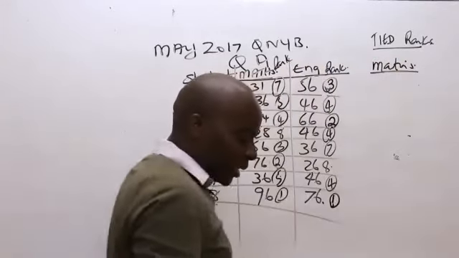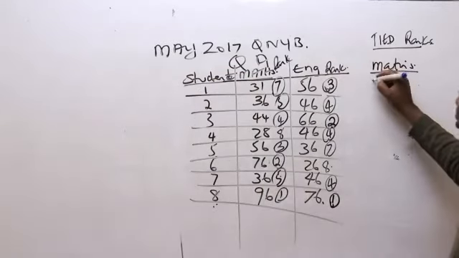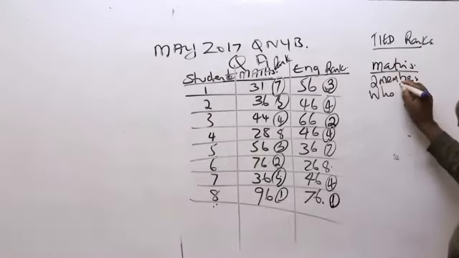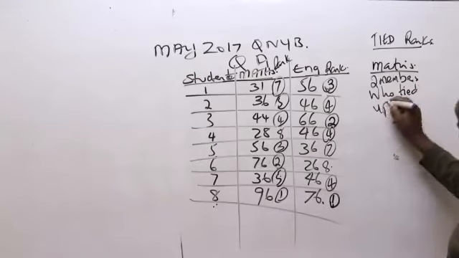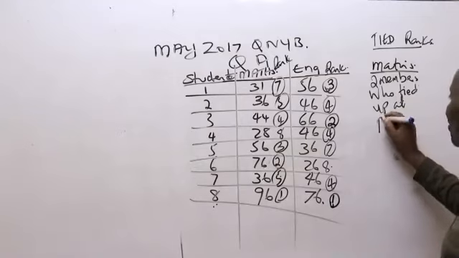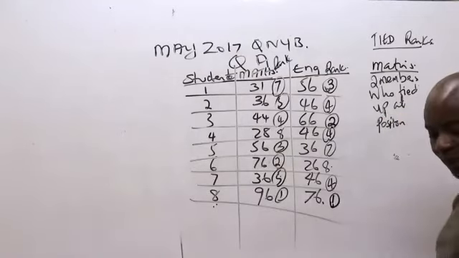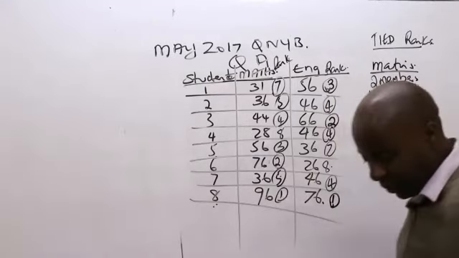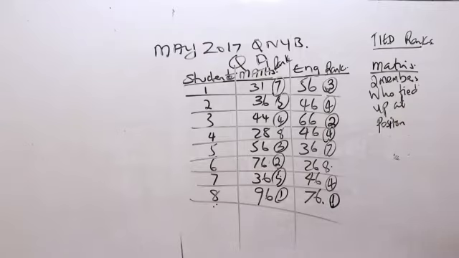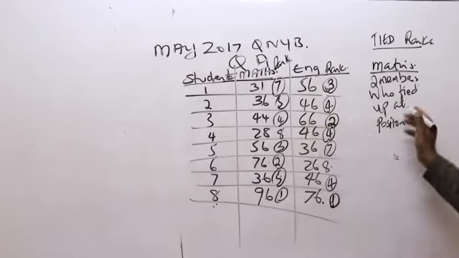In mathematics, we had two members who tied up at position 5.